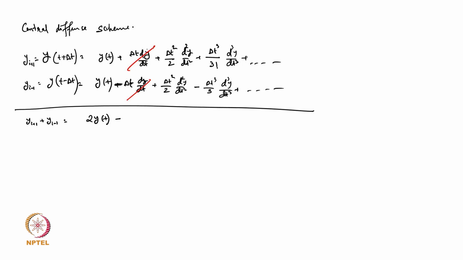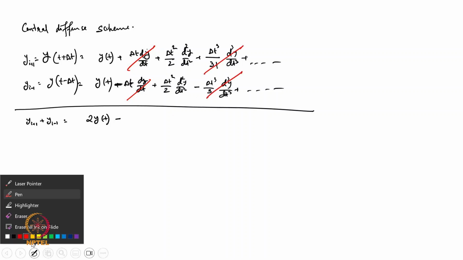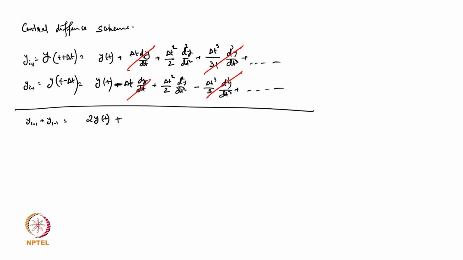These two will cancel each other, and these will also cancel out because they become plus and minus. So this one will become delta t square into d2y/dt2. Okay, any doubt?